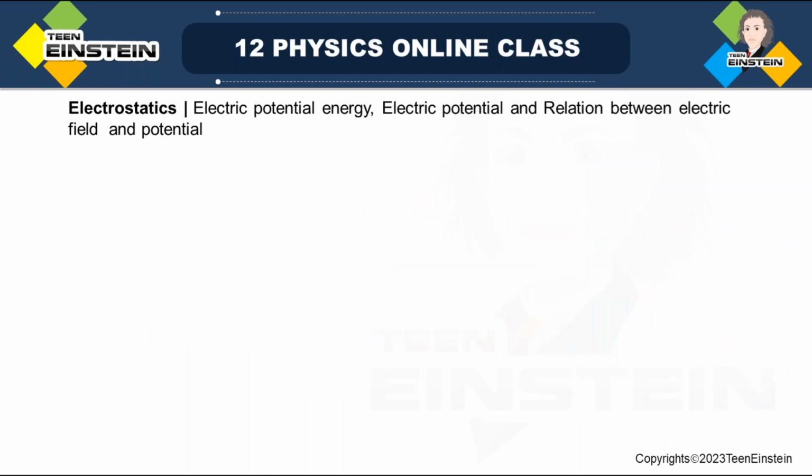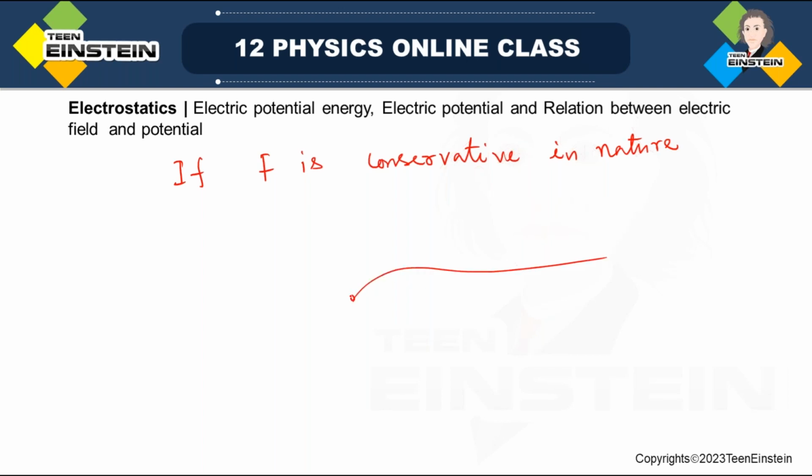Okay, now let us go to the next page. Now if f is conservative in nature, then see this point A and this point B. So at these points there must be some potential.